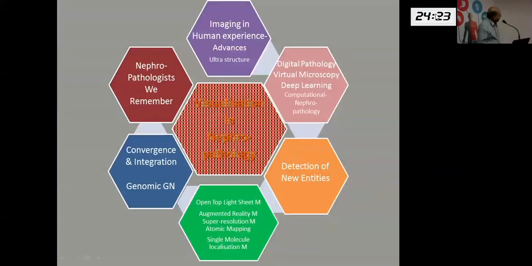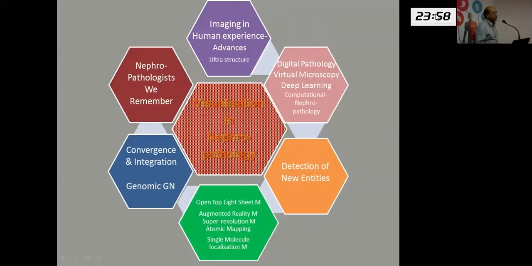I have got here visualization in nephropathology, and I know none of you can read it, because that is where we are with nephropathology. And this can be understood only from different dimensions. I hope you will relate to at least some dimensions that I have here in these beautiful space-friendly octagons.